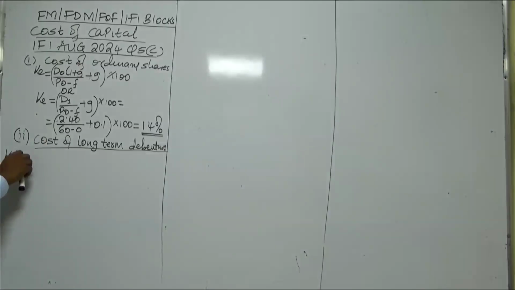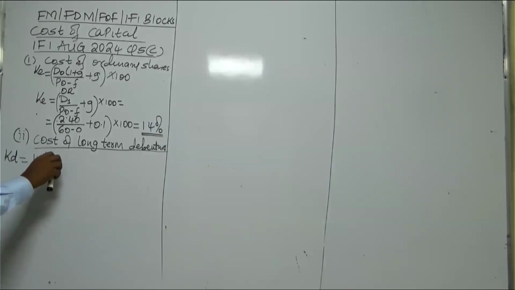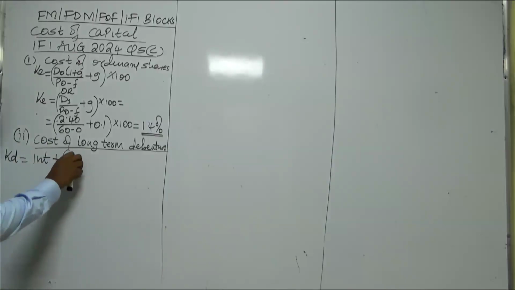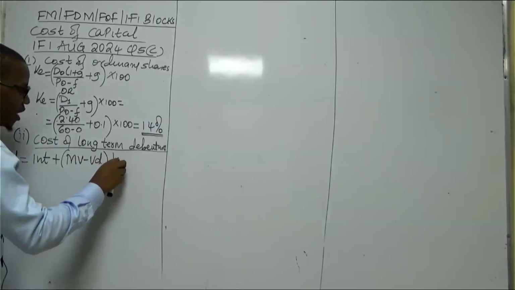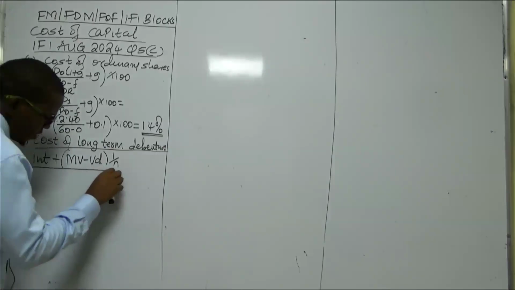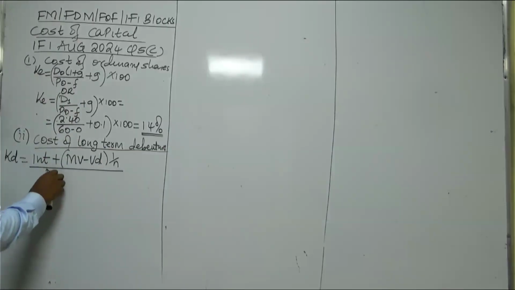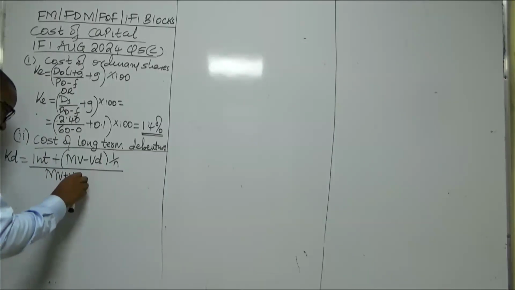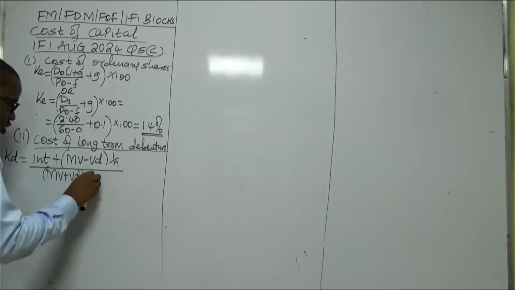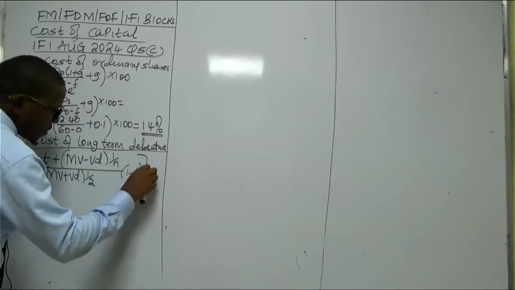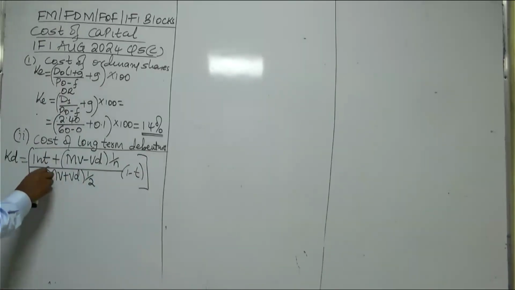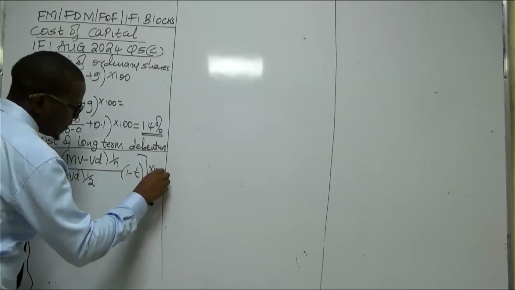And how do we get the yield to maturity? It will be the interest, add the maturity value, which is the par value, minus the value of debenture, times 1 over the maturity period. You divide by the maturity value plus the value of debenture, times 1 over 2. And all these times 1 minus the taxation, and then you multiply by 100.